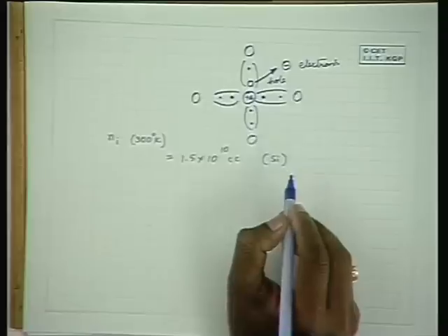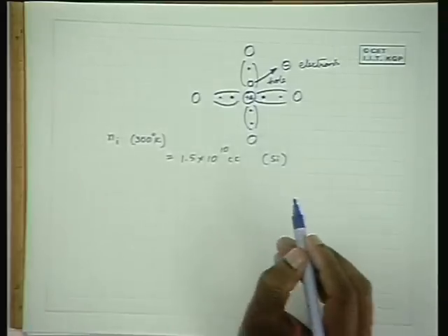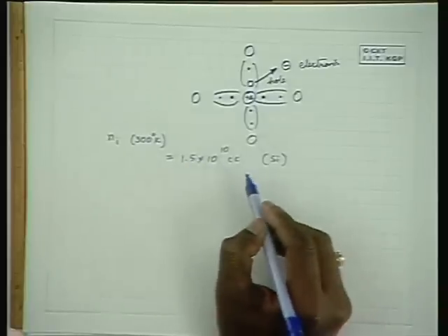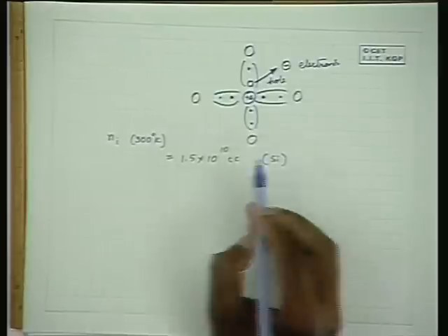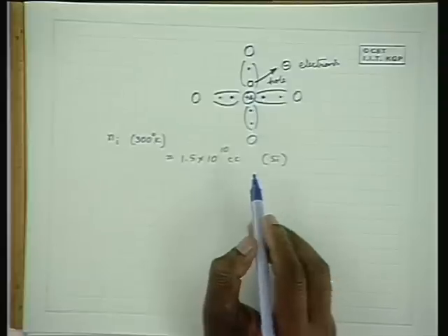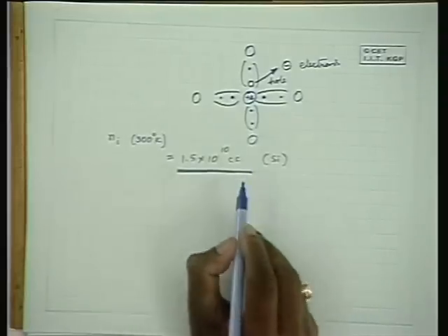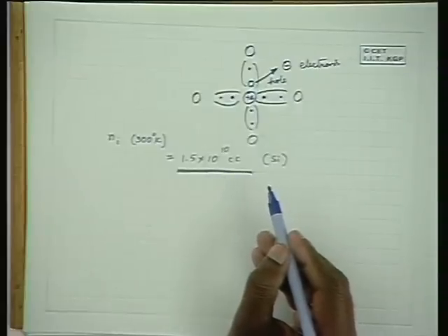Naturally, it depends on temperature. With increased temperature, the number increases to some extent, and at 0 degrees Kelvin, this number is 0. This is the concentration of electrons, and naturally an equivalent number of holes are formed.